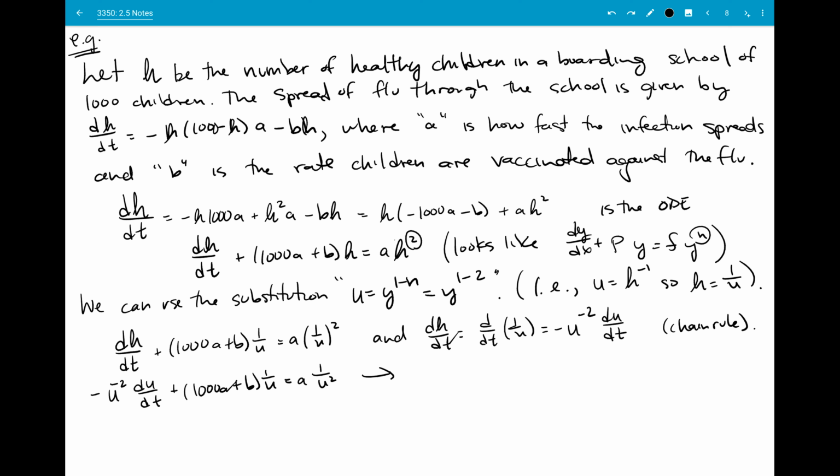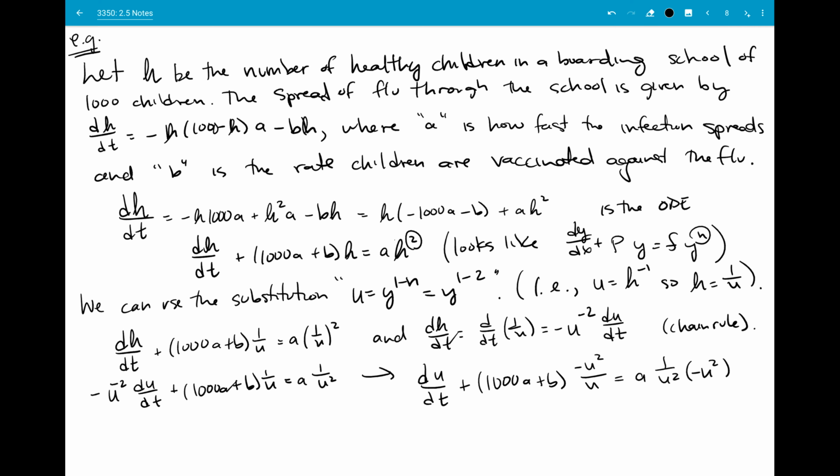So I'm going to divide through by negative u to the minus 2, so that's multiplied through by negative u squared. So we're going to have du/dt plus (1000a plus b) times negative u squared over u is equal to a times 1 over u squared times negative u squared.